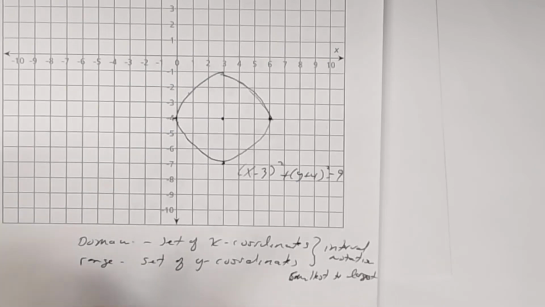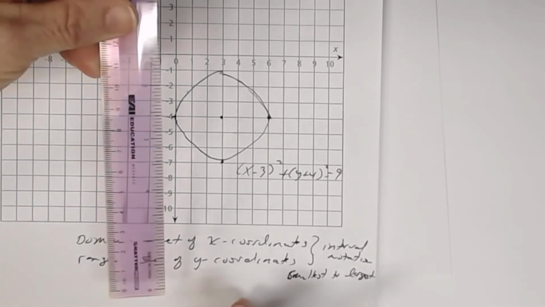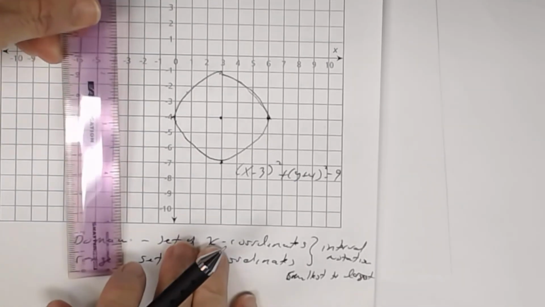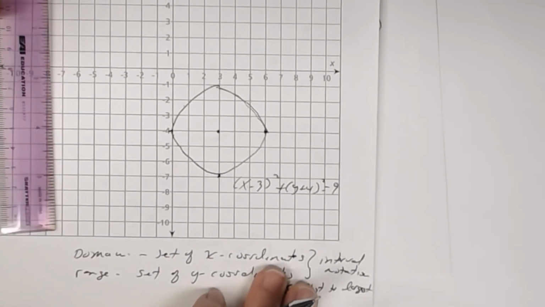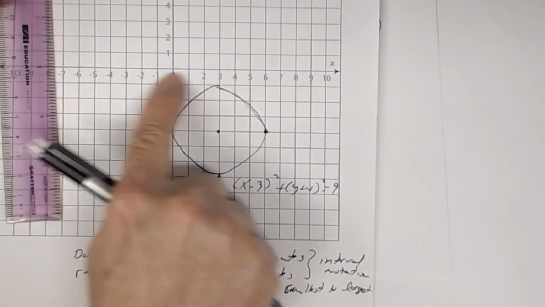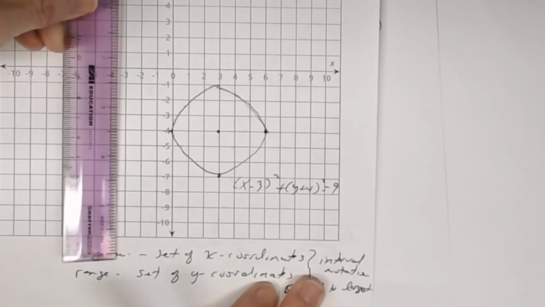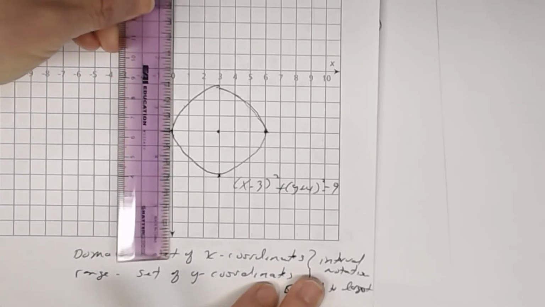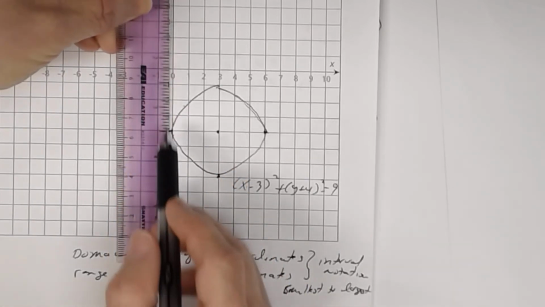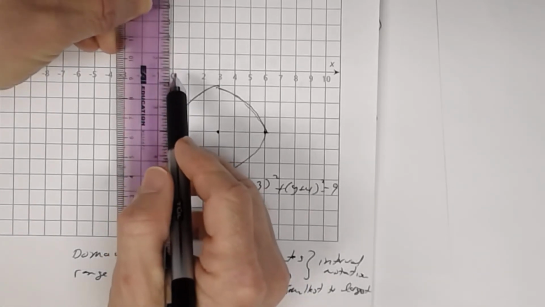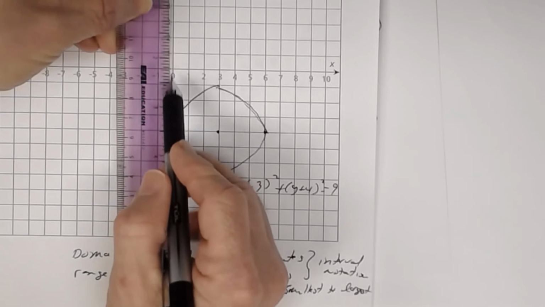All right, let's talk about the domain. Let's do the domain first. Now here's how we do this. You take a ruler or some straight edge. And remember the domain is the set of x coordinates. So remember the x-axis goes from right to left, right? As I go from right to left, I start touching the graph here, right? Now what's that x coordinate right here? Look at this up here, that's a 0.